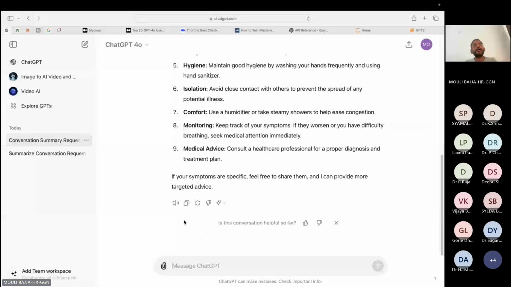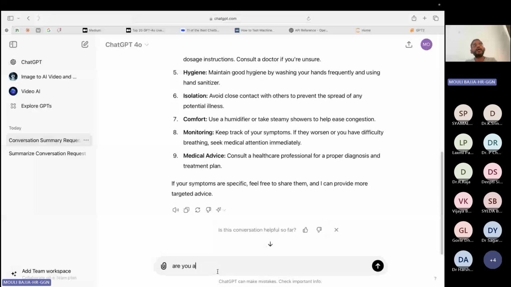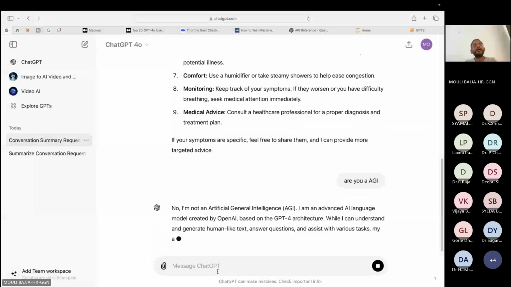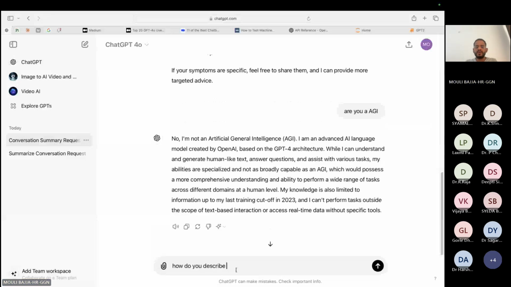General purpose artificial, AGI, artificial general intelligence. So how do you describe artificial general intelligence?